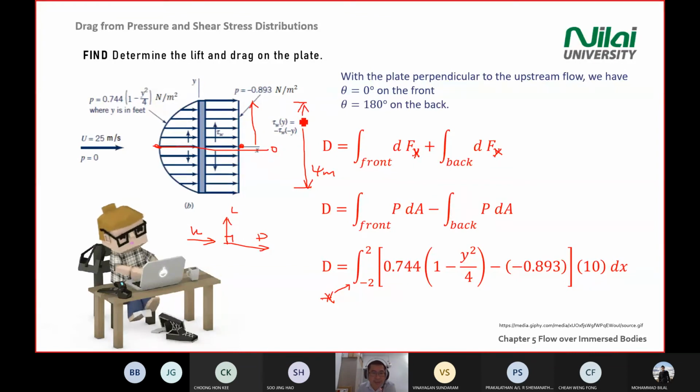So you know that the length is 4. On the top maximum you have 2. At the bottom you have -2. So you're integrating from the center, meaning in mathematical form, you integrate from -2 to 2.